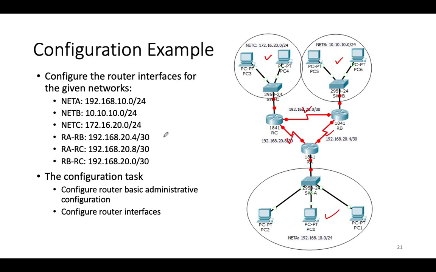As you can see over here, net A, B, C, and this is between the routers. What's between the routers, we use /30. Last week when we covered subnetting, I told you that you will need a minimum of 4 IP addresses.